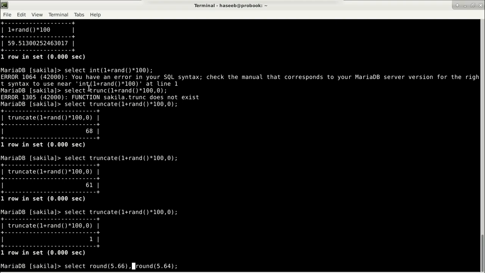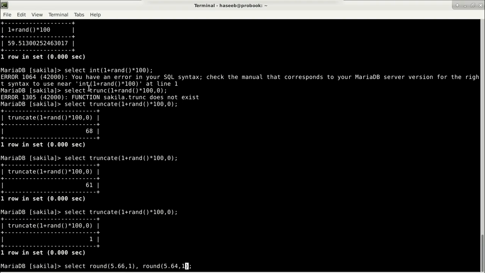I want to round it to one decimal place. Similarly, I want to round the other to one decimal place. Now the rule is that if I want to round these two numbers to one decimal place, I must provide a number having two decimal places, just as I have given in the example.